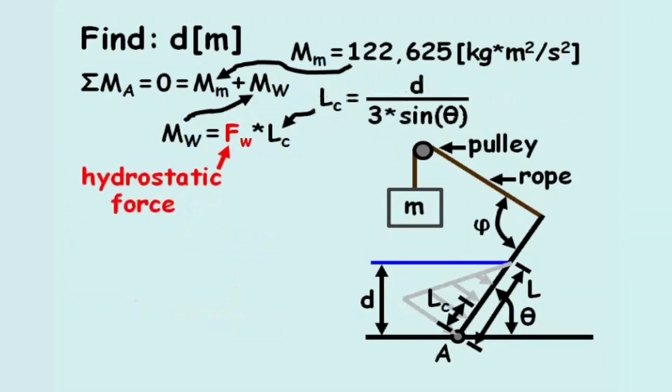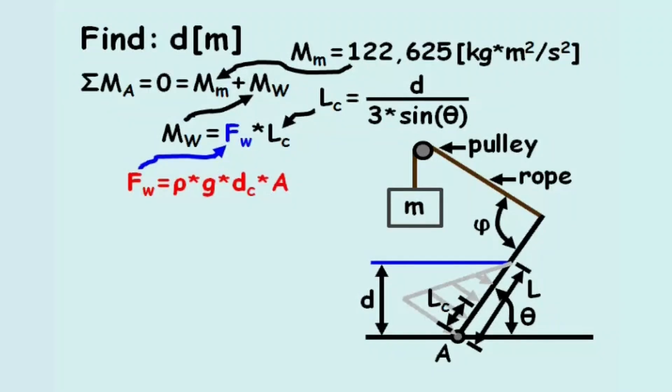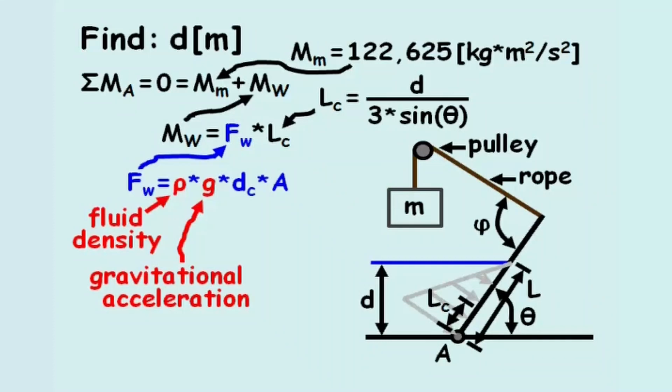Next, we'll solve for the hydrostatic force caused by the water, Fw. The hydrostatic force equals rho times g times dc times A, where those four variables represent the density of the fluid, the gravitational acceleration, the depth of the centroid, and the area of the gate.